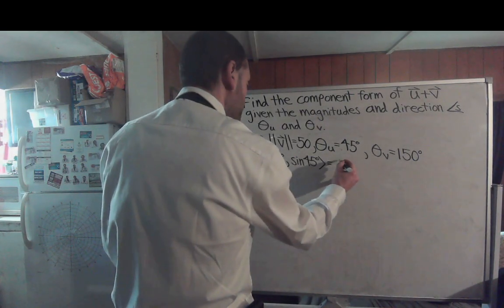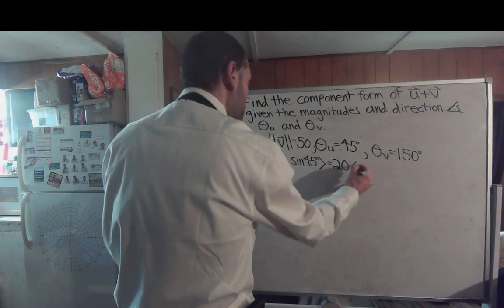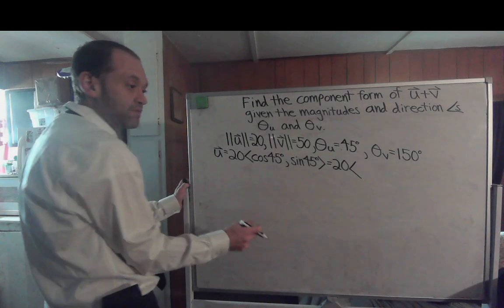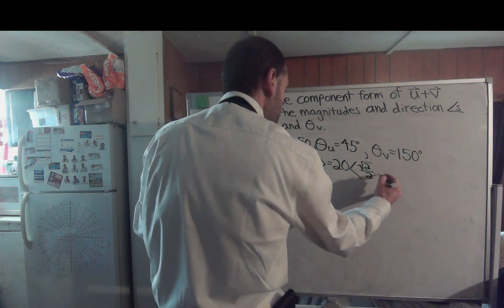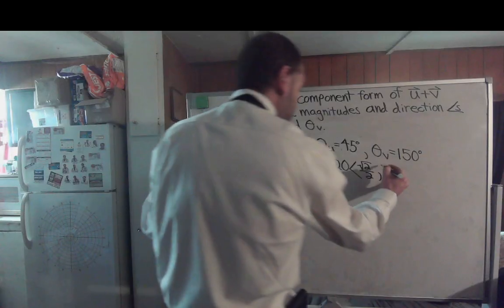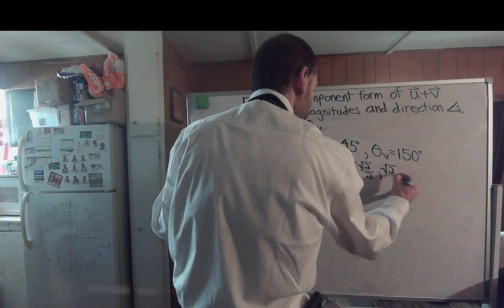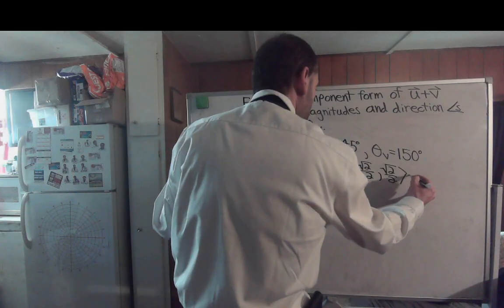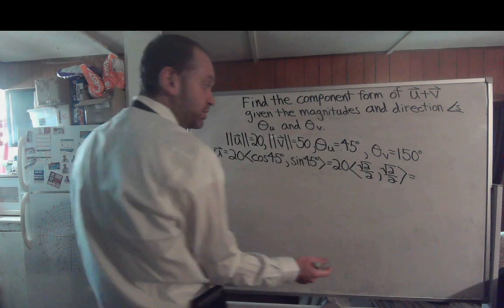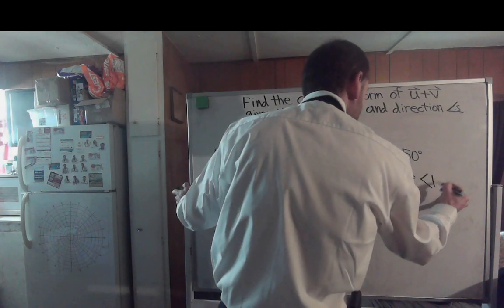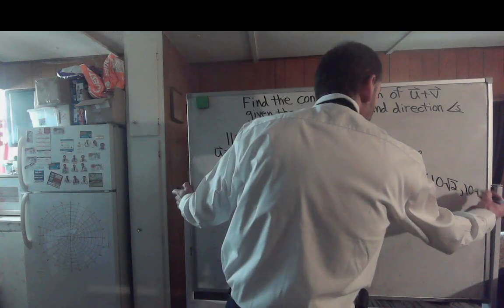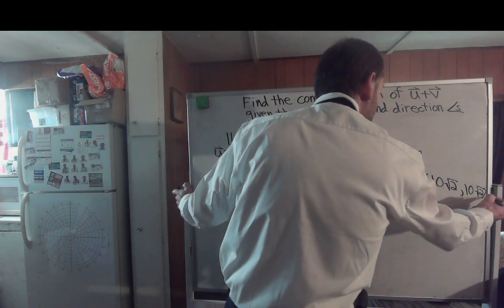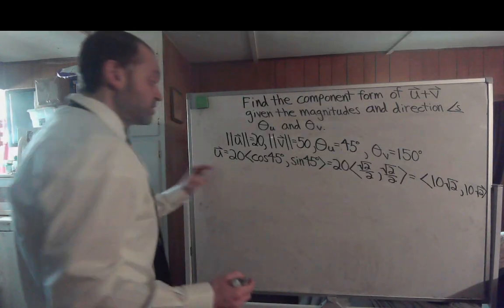So this would turn into 20 times, what is the cosine of 45 degrees? That's the square root of 2 over 2. And the sine of 45 degrees is the exact same, square root of 2 over 2. Once you multiply that 20 through, you'll just end up getting a vector of 10 times the square root of 2, 10 times the square root of 2.